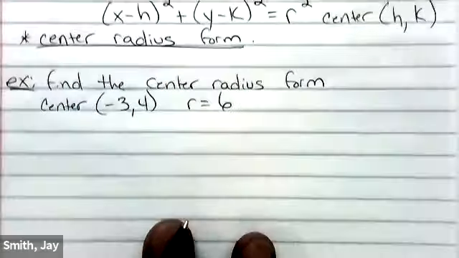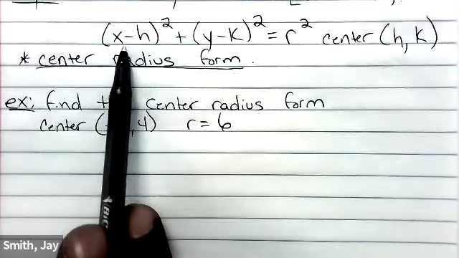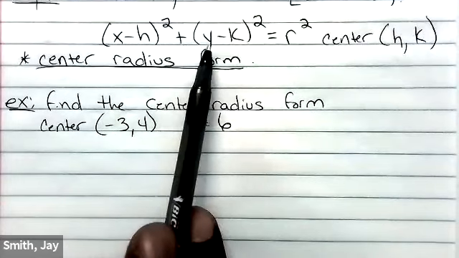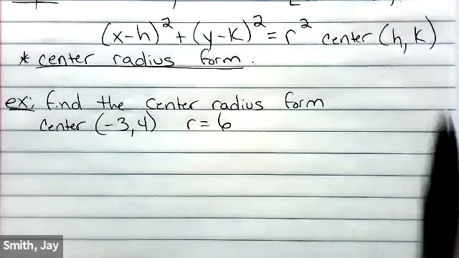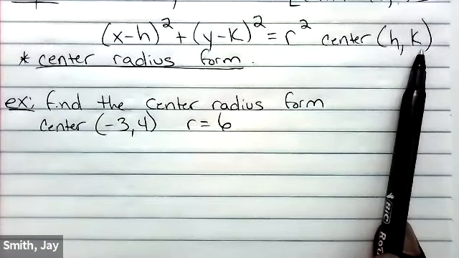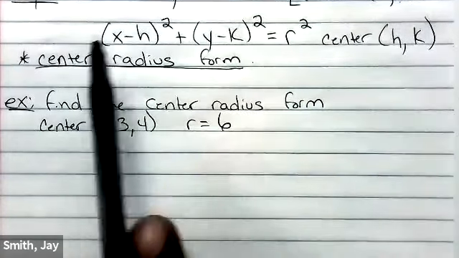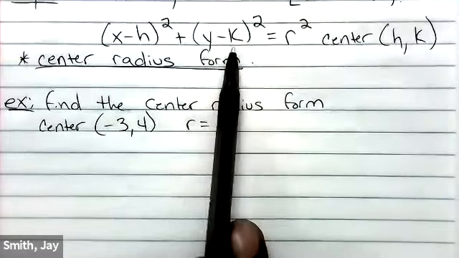You want to remember that the center-radius form for a circle whose center is not at the origin is (x minus h) quantity squared plus (y minus k) quantity squared is equal to r squared. And note that the center is at the ordered pair (h, k). So it's going to be the opposite of what we see inside that formula. So we see minus h. That's because the center is at h. We see minus k.